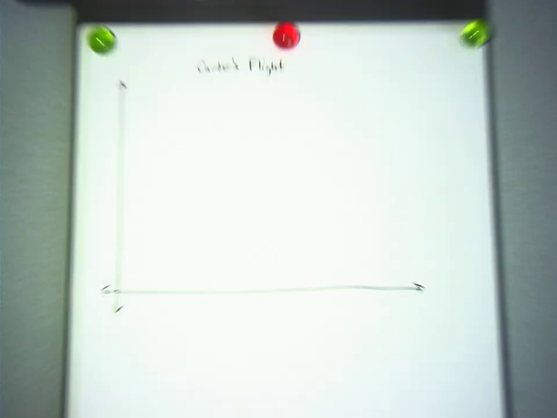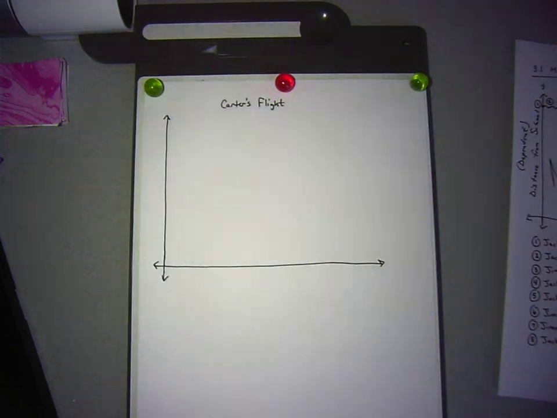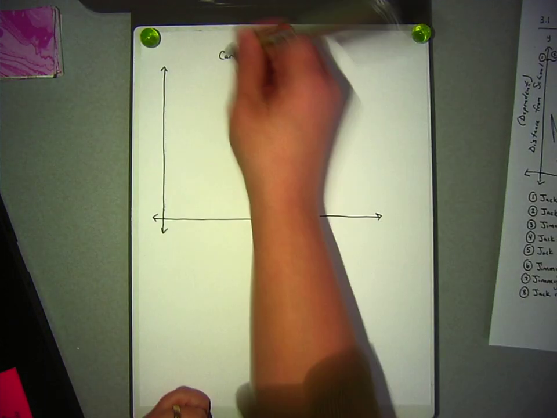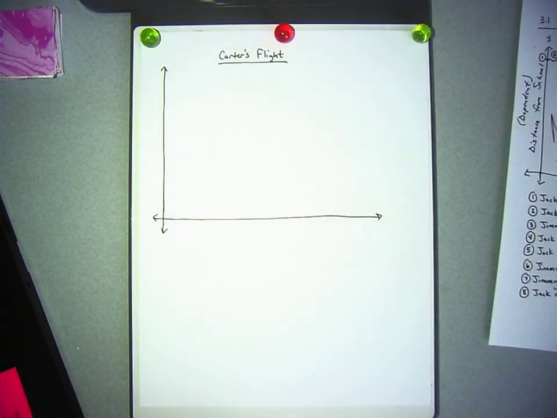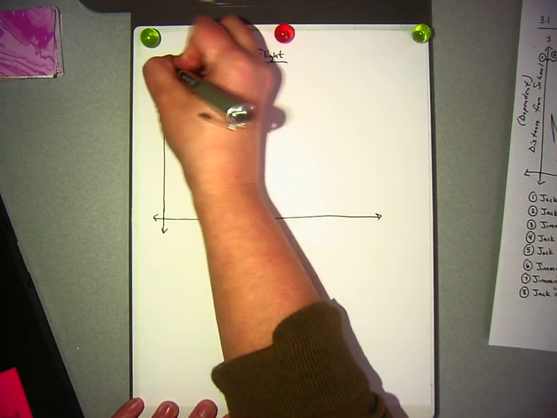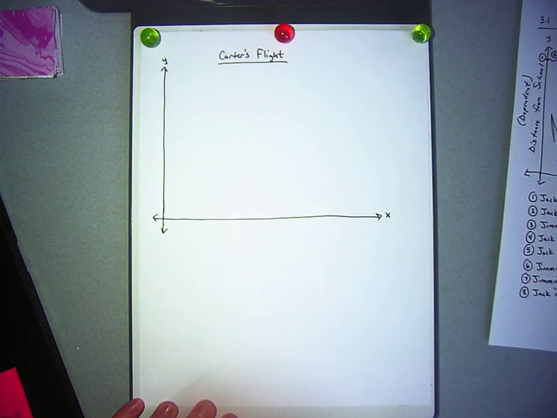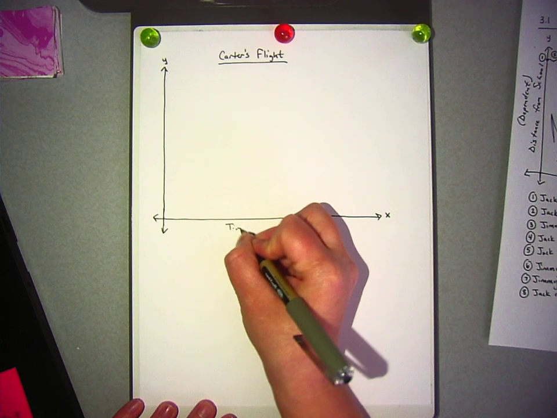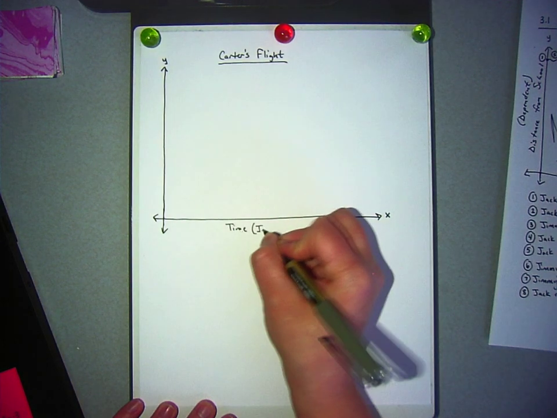As a reminder, this piece of paper, I've got about half of it as a graph and half of it with instructions underneath. Okay, this is my y-axis, this is my x-axis. On the bottom, I'm going to write time, which is independent.